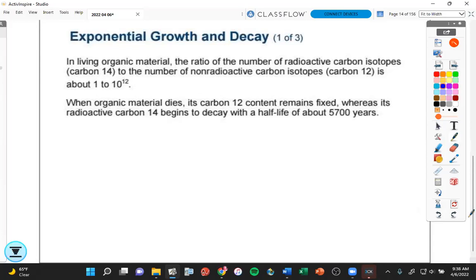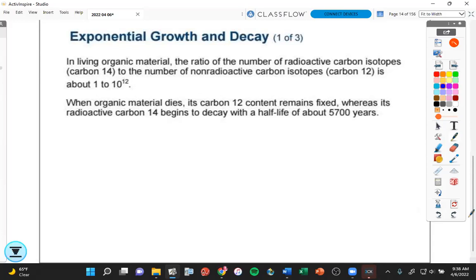What is half-life? It's not a video game. What does half-life mean? For this particular radioactive substance, it's going to take 5,700 years for half of it to be gone.